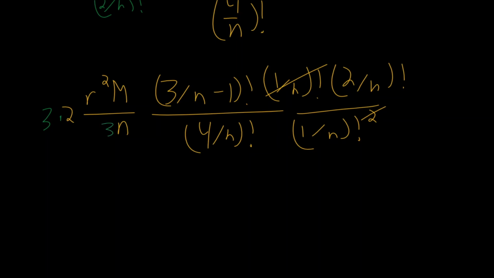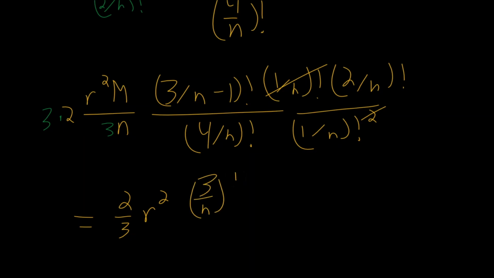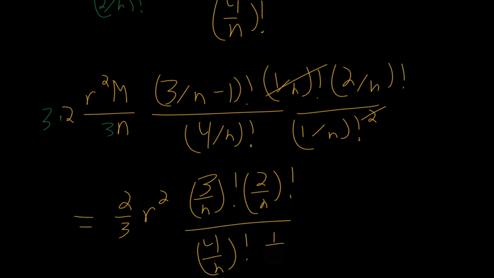That way, whenever we have 1 over 3n times 3 over n minus 1 factorial, we can just say that is 3 over n factorial. And what this gives us is the following. 2/3 r squared. Nice so far, right? And then we have 3 over n factorial times 2 over n factorial over 4 over n factorial, and then 1 over n factorial.